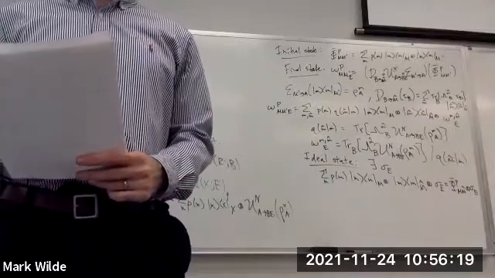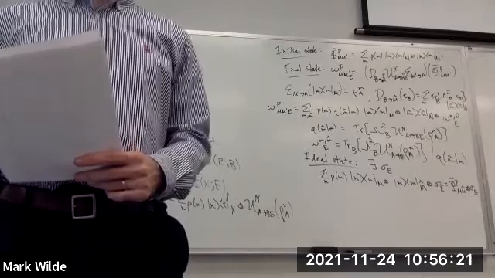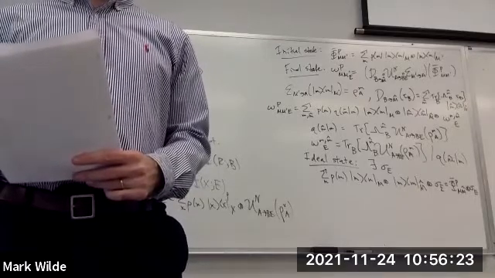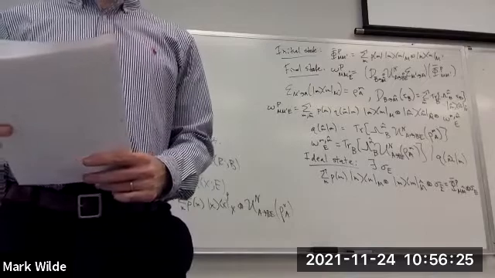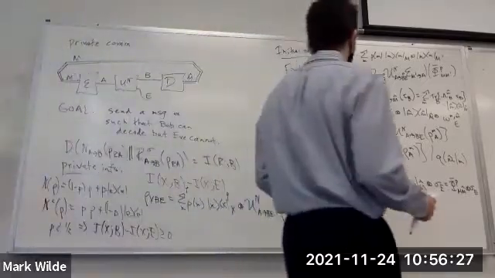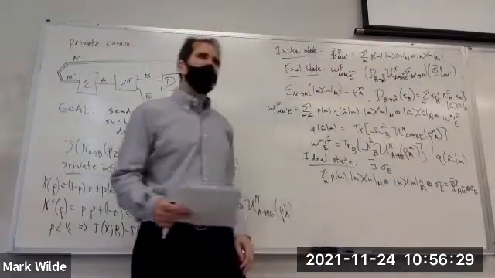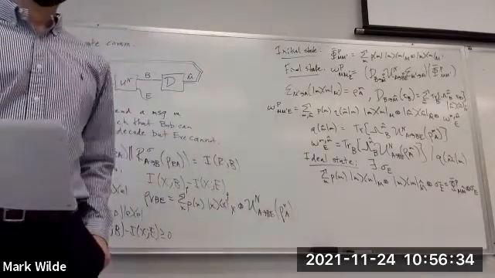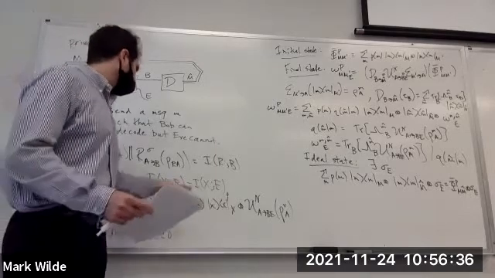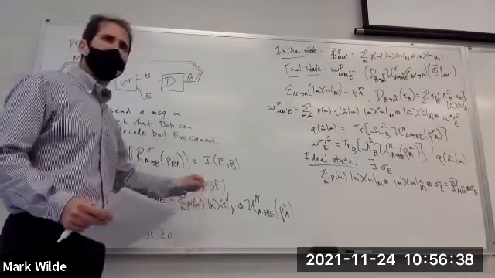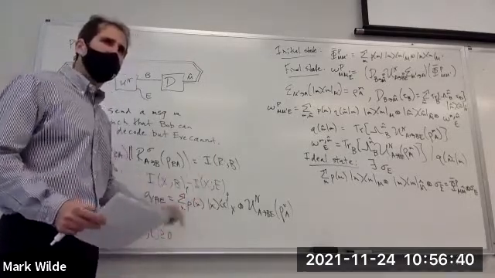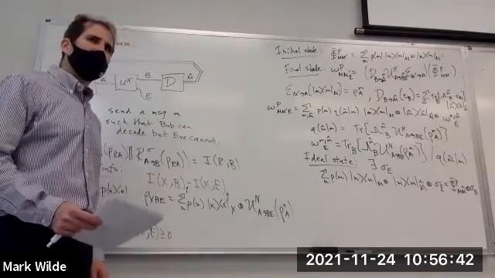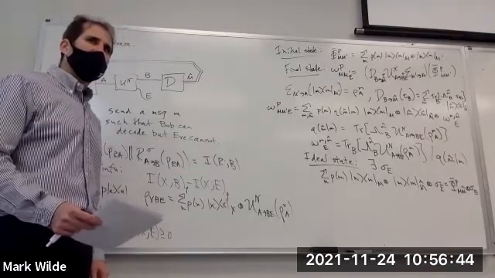Mm-hmm. So we can have a replacer channel which just replaces that state. Mm-hmm. Then I think the private capacity will be just the mutual information between X and B, with X and B replacing it, because there is X and Z. I know the private capacity is always formulated in terms of this mutual information difference. Yeah, but the second term won't be zero because we're already dumping.